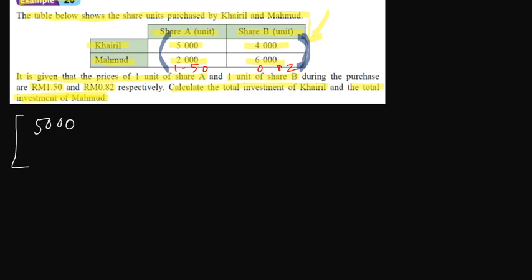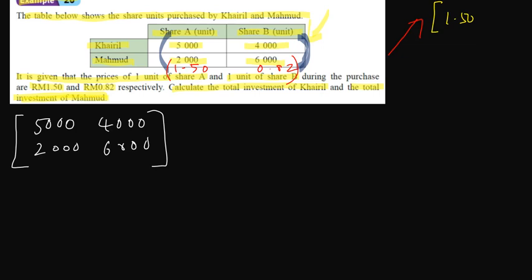5,000, 4,000, 2,000, 6,000. Okay, then you have to times with a matrix, this one. You have to times with this figure. So there are two forms. One, it is like this, 150 and 82 cents.